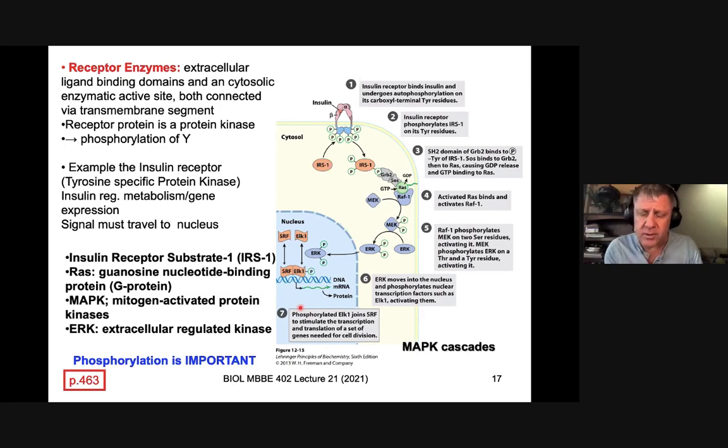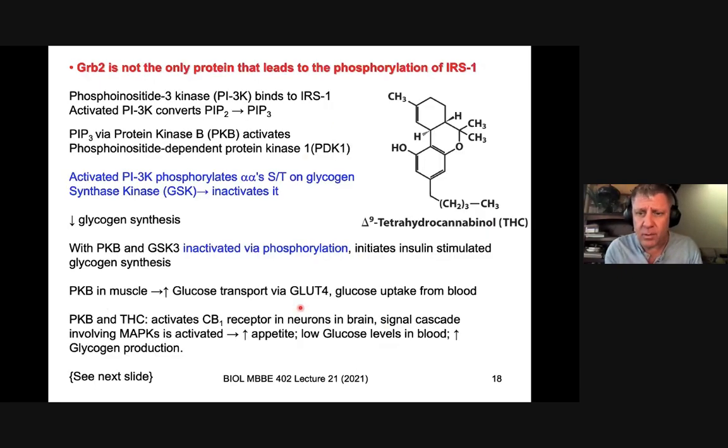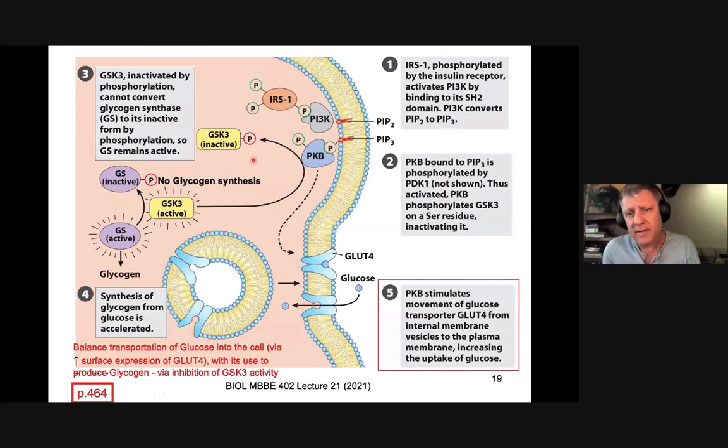But when we look at the insulin receptor substrate number one, we also have it working in another system where it's now increasing the concentration of the glucose as a result of the insulin receptor being stimulated and phosphorylating the insulin receptor substrate number one.